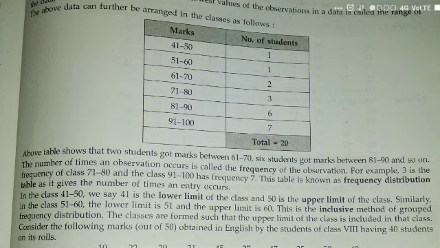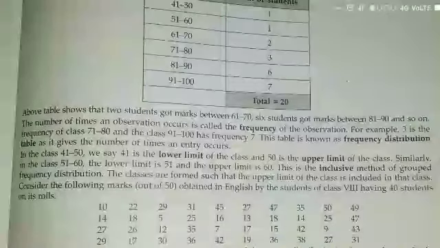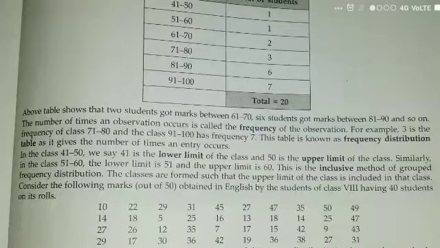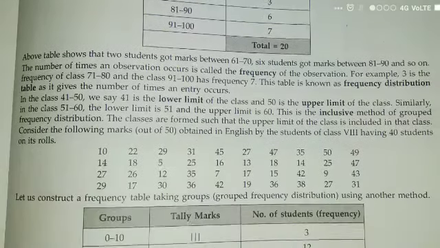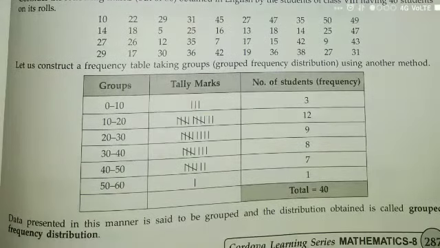This is the inclusive method of a grouped frequency distribution. The classes are formed such that the upper limit of the class is included in the class. Okay. Then here one example is given to you. You just have to write down the groups, tally marks and the frequency. Okay. So this is the grouped frequency distribution table.